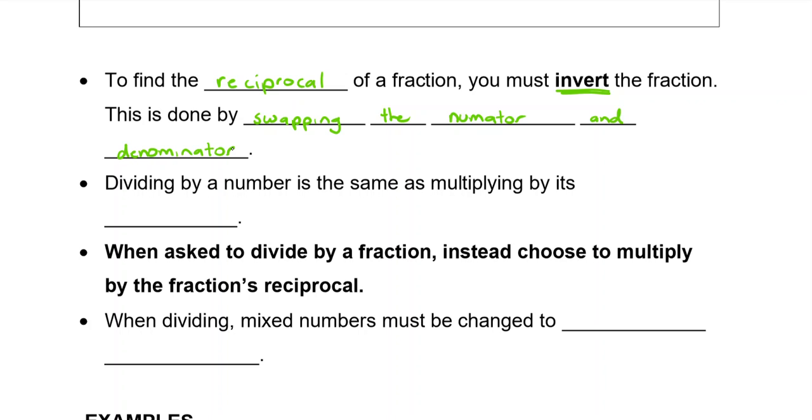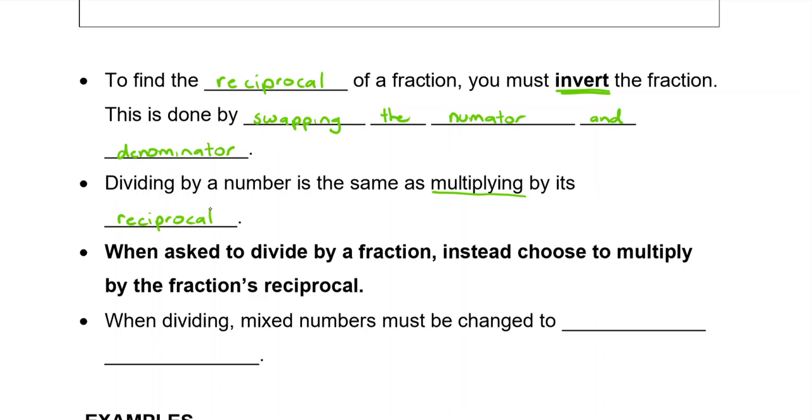Okay, so dividing, when we're doing dividing, you're going to be hearing these words, reciprocal and invert. Okay, now, next dot point says, dividing by a number is the same as multiplying by its reciprocal.